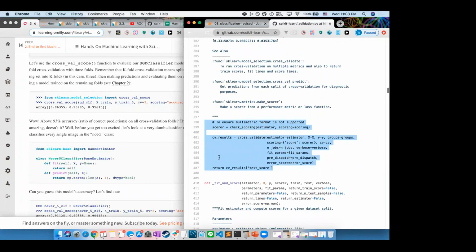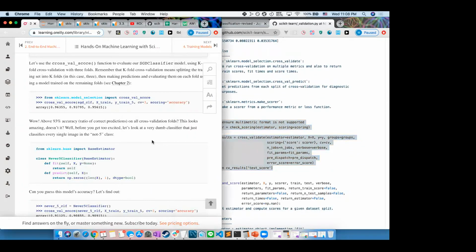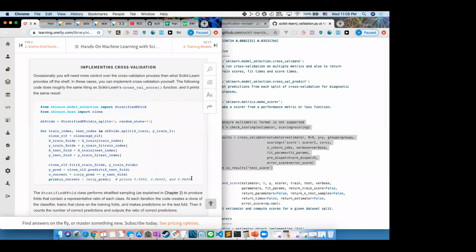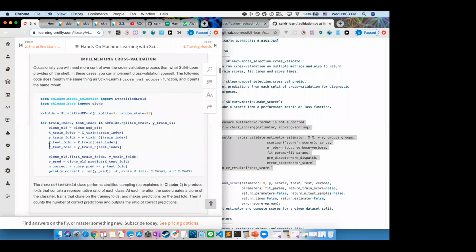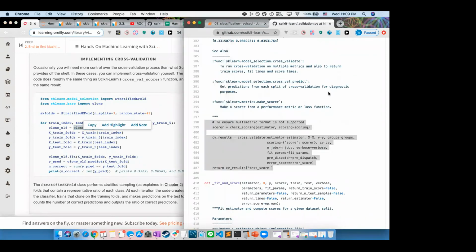So that's why it basically retrains it every time. It clones every time. Clone basically forgets the training state, and it goes back to a randomly initialized one.